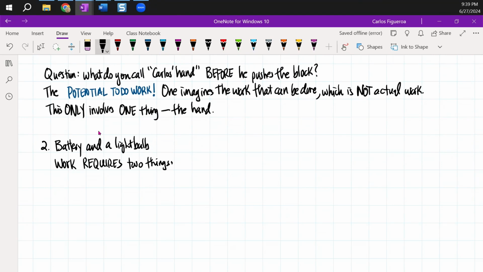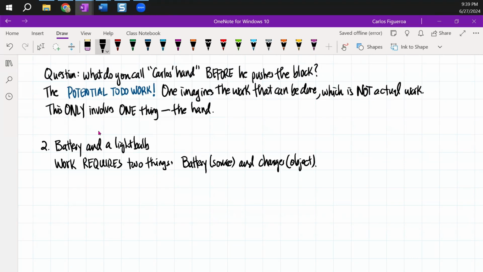In this case, we have a battery, and the battery is the source. And what does it do? It pushes charges. It does work on charges, and then this guy's going to be the object. I mean, we can also say that the charges and the light bulb might be one and the same thing, but it's really the charges here.